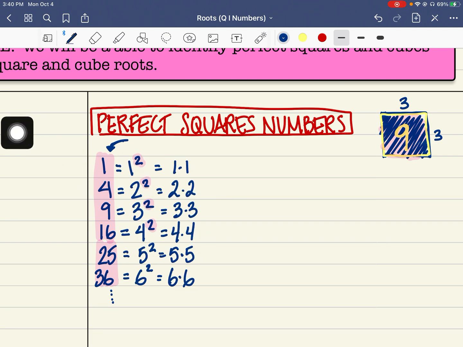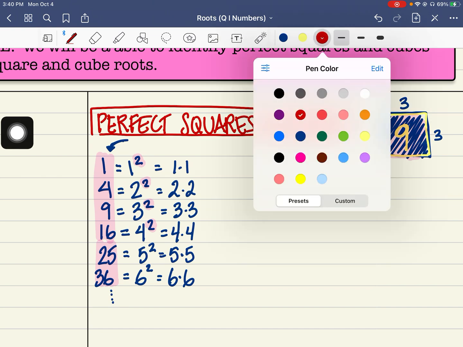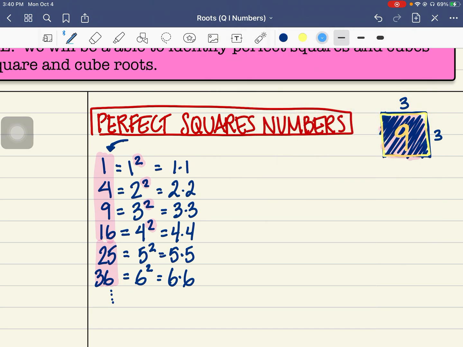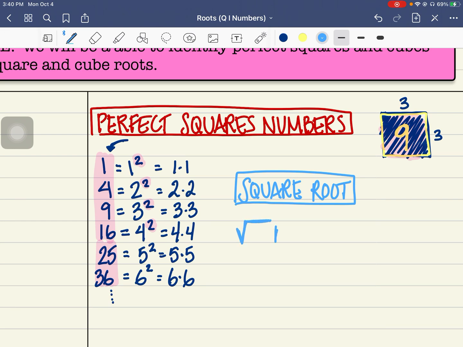Okay, so now when I want to take the square root of something, we're going to use a symbol called the radical symbol.